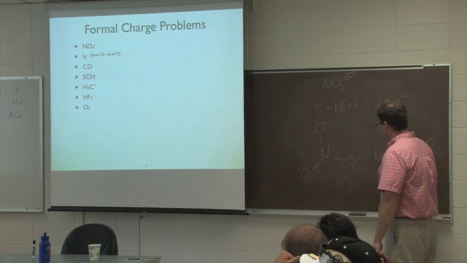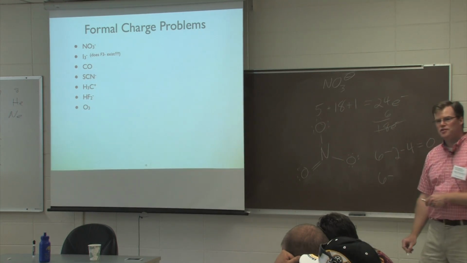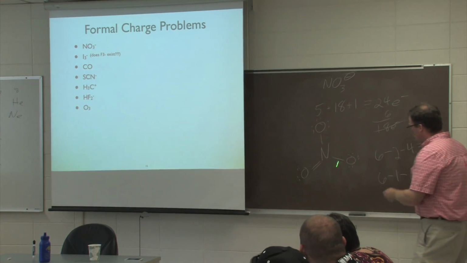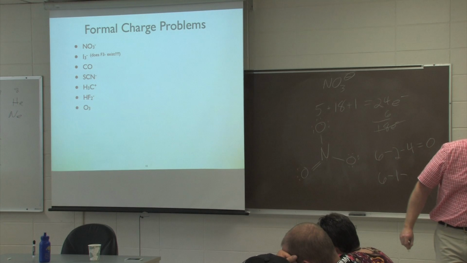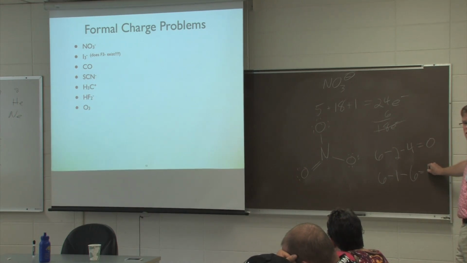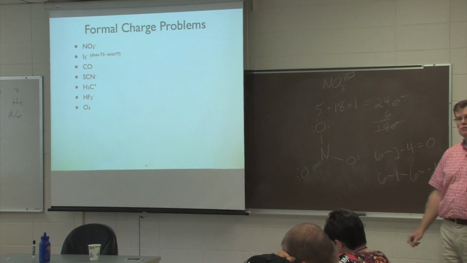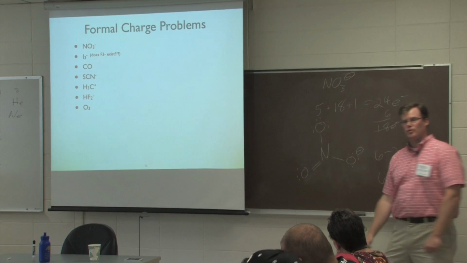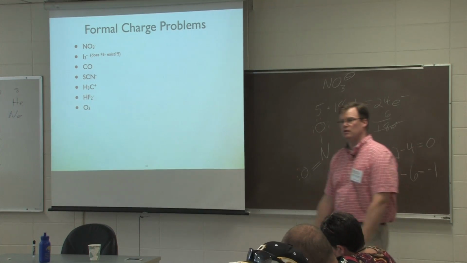Okay, let's do this oxygen here on the right. Group number 6 minus half the number of shared electrons, which would be 1, minus the total number of unshared electrons, 6. So that equals -1. You can draw a little negative sign in the upper right-hand corner of that atomic symbol.